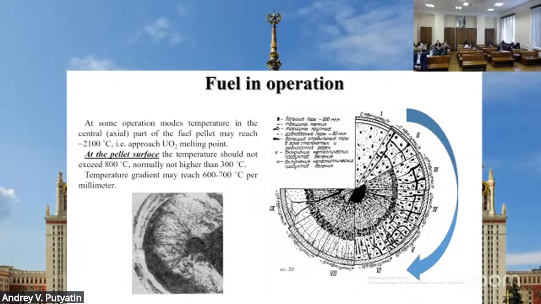Well, so when the fuel goes into the reactor and starts to operate, initially you have some cracking, which may be pronounced or not so well pronounced. You have cracking both due to the thermomechanical properties of the fuel and, as we already discussed, due to accumulation of different fission products.